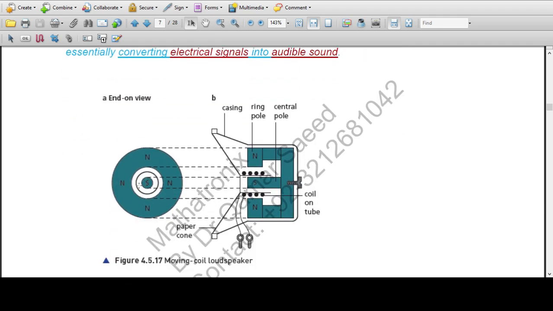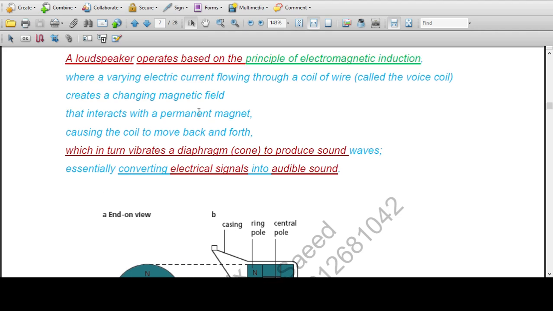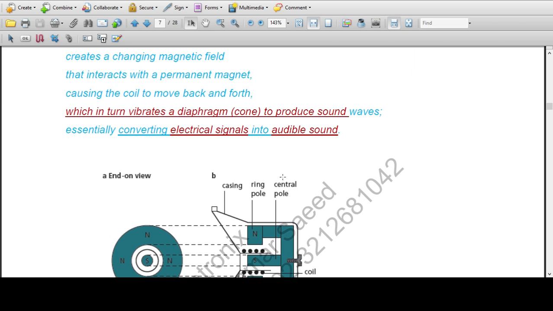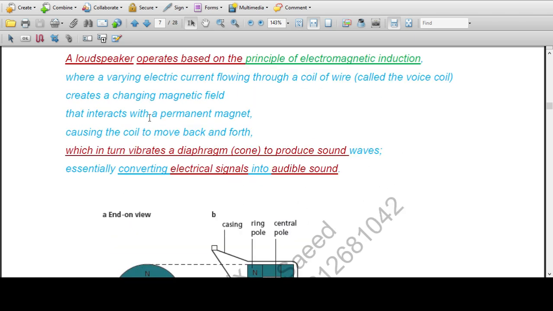This changing magnetic field interacts with a permanent magnet. This permanent magnet is outside. This changing effect with the permanent magnet causes the coil to move.